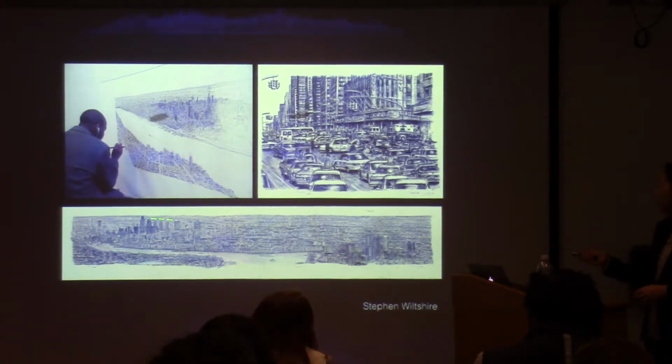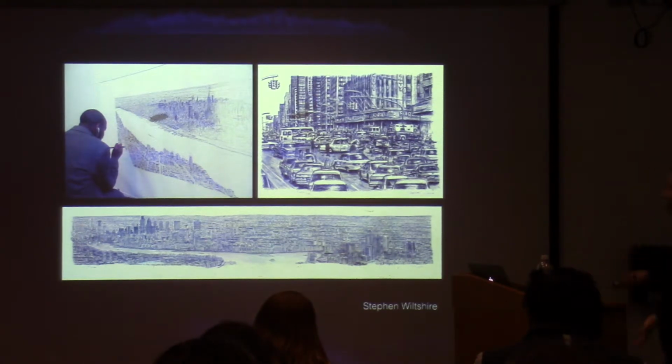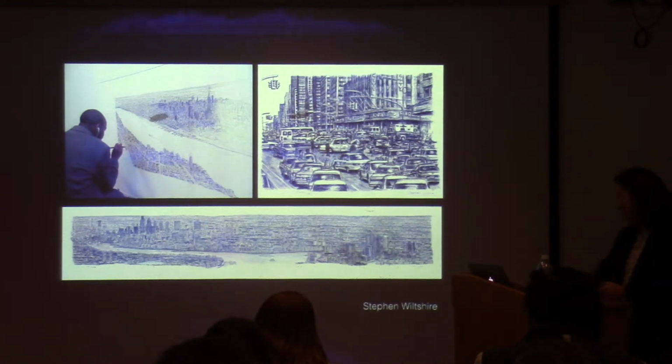And this is one of his many panoramic cityscapes that was created after he took one trip on the helicopter around the city. And then he went to his studio and spent a week creating this whole panorama of the city. And it is so accurate to the detail that you can actually count the number of windows on individual buildings and they will match up with the real thing. So I don't know how this happens, but it's pretty amazing.